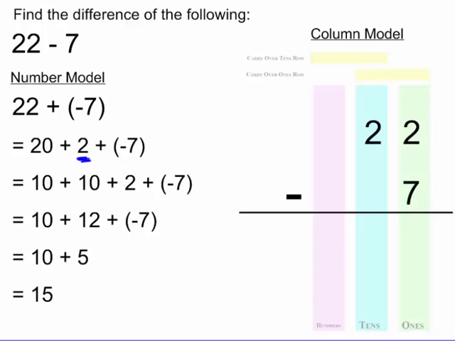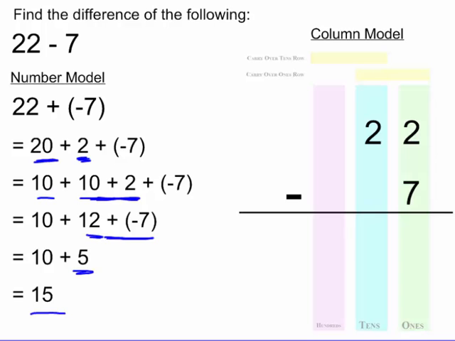So I'm going to borrow or break down this 20 at the beginning into 2 groups of 10. And then I'm going to combine this 10 plus 2 to make a 12. So now when I combine 12 positive ones plus 7 negative ones, I end up with a positive result versus a negative result. And when I add the 10 plus 5 together, I get a result of 15.